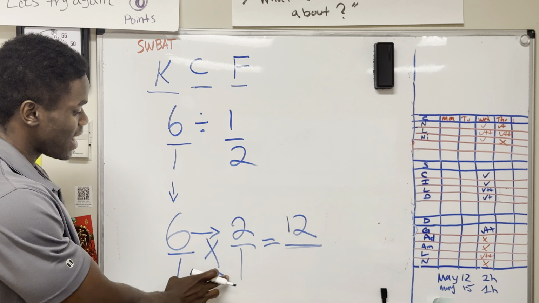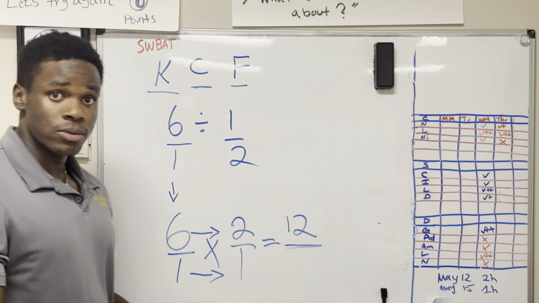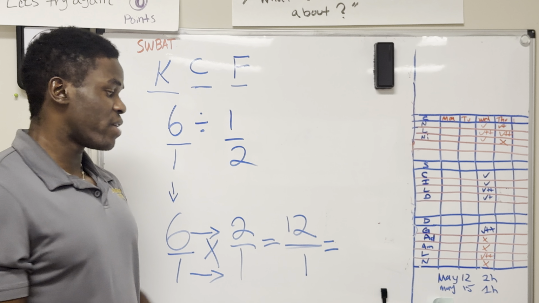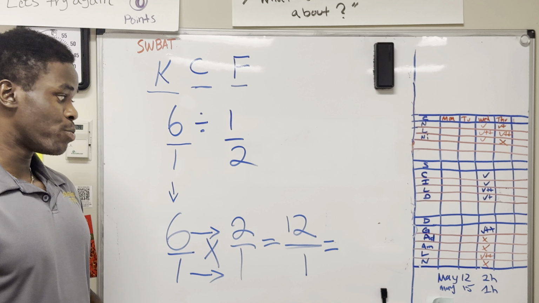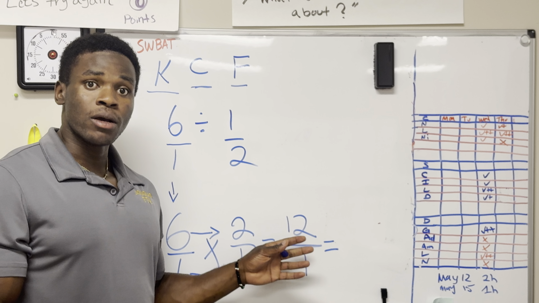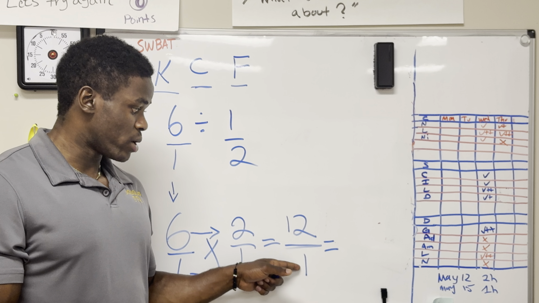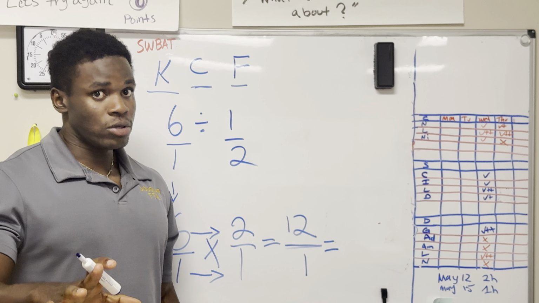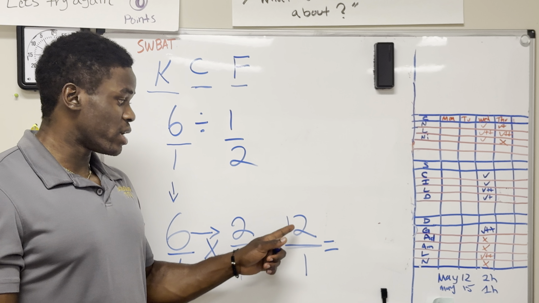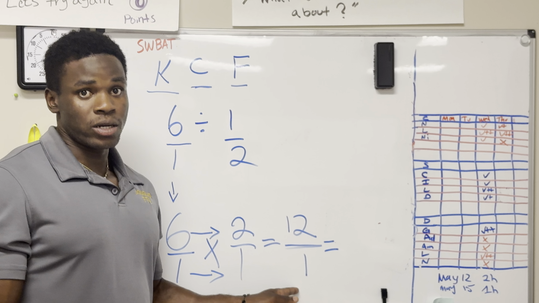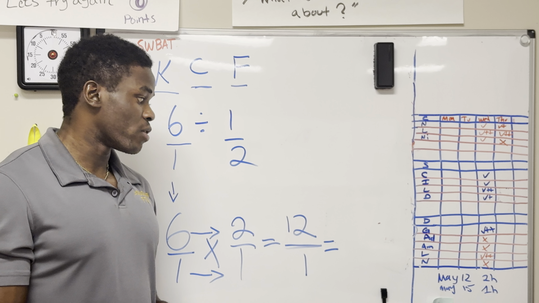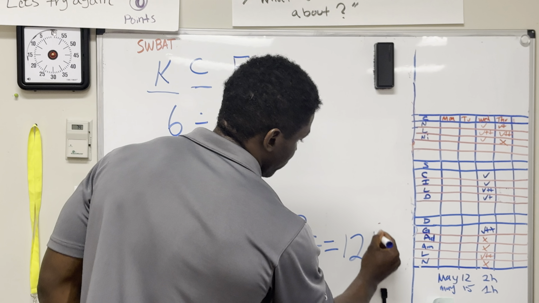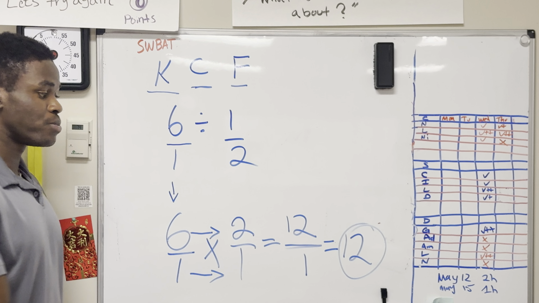Then I have 1 times 1 equals 1. There you go. And I can simplify this, because if my top number is bigger than my denominator, usually you can go ahead and simplify. Because we know what 12 divided by 1 is. How many times can 1 go into 12? 12 divided by 1 gives me the answer of 12. So that is my answer.